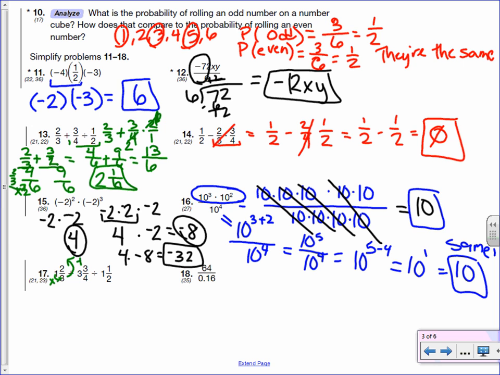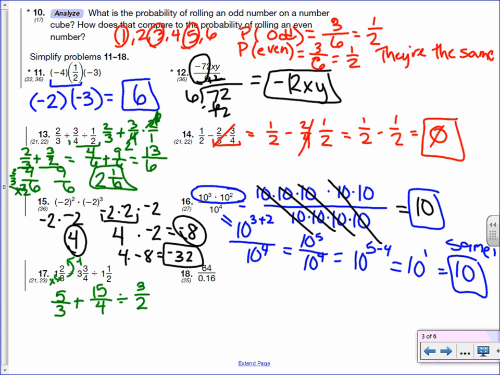So 1 times 3 is 3, plus 2 is 5. So that turns into 5/3. 3 times 4 is 12, plus 3 is 15. 1 times 2 is 2, plus 1 is 3.